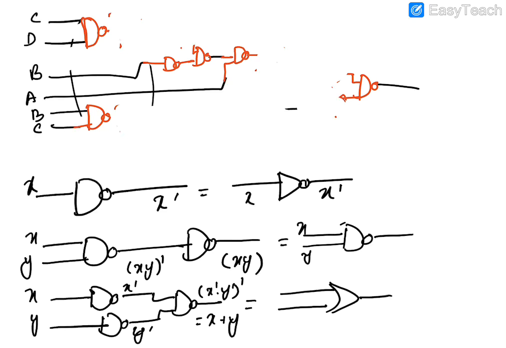And we will draw the direct connections after eliminating them like this. Okay, so in this way we have this resultant circuit with NAND gates only.